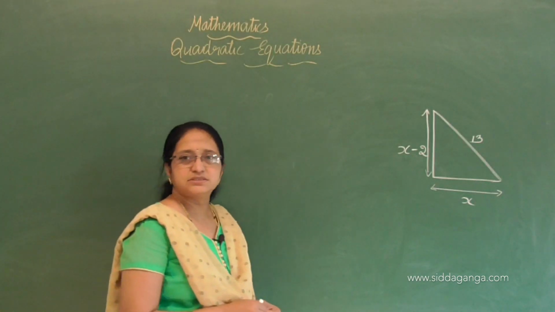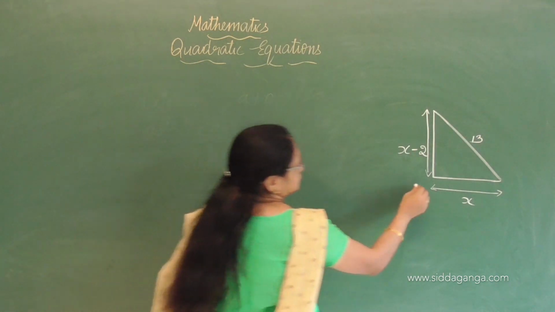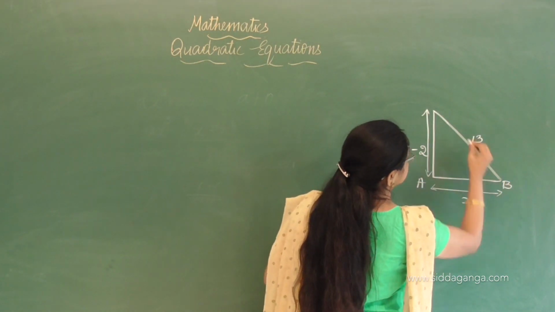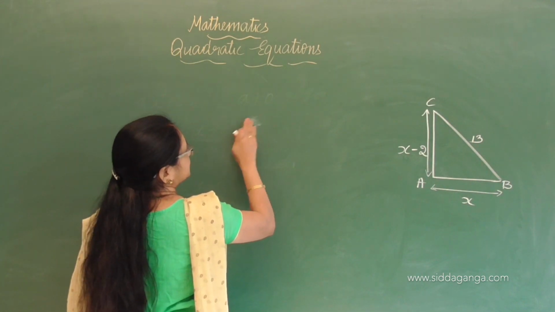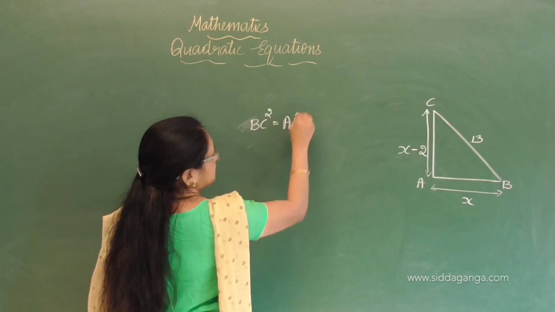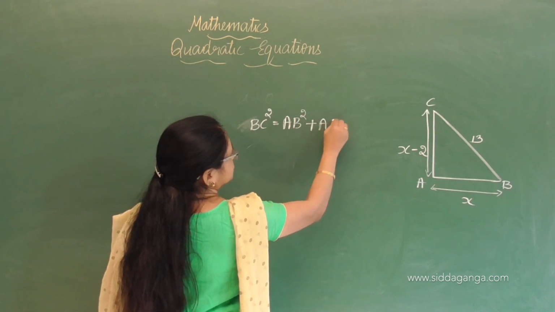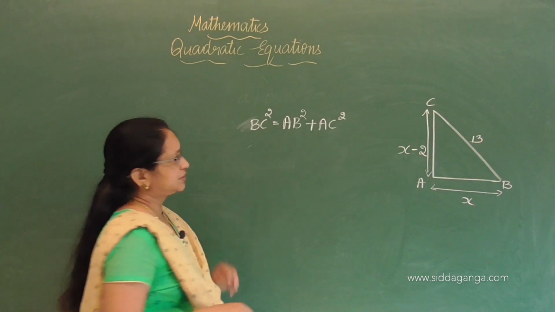How to represent this in a formula? If you name the triangle A, B, C, then BC square is equal to AB square plus AC square. By the Pythagoras theorem we can construct the equation.